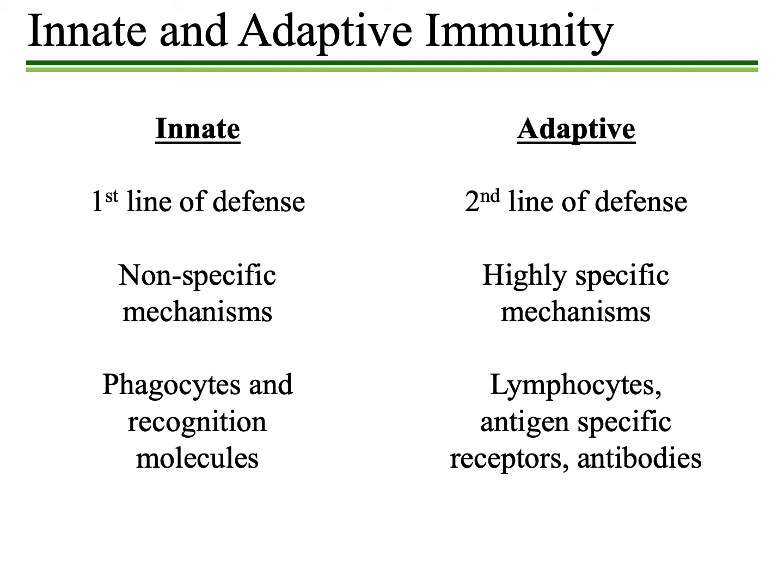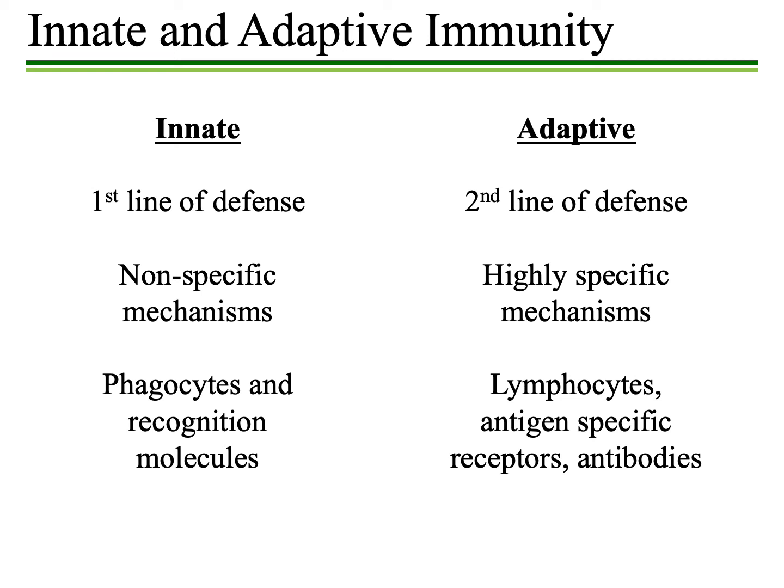Now, the difference between the innate immune response and the adaptive immune response also comes down to non-specific mechanisms in the innate immune response. There are molecular and cellular components, again, that are present before an infection takes place, that are involved in the recognition of broad categories of pathogens.